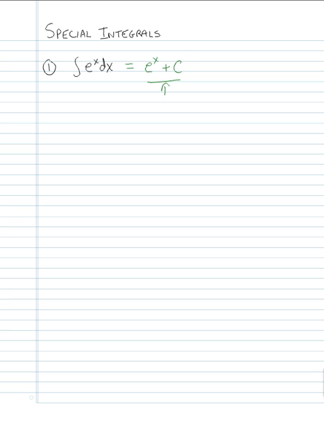And the second one is related to this idea. I'm going to write it down in a moment. Well, let me tell you this. It's the integral of 1 over x, which is the same, by the way, as the integral of x to the power -1.